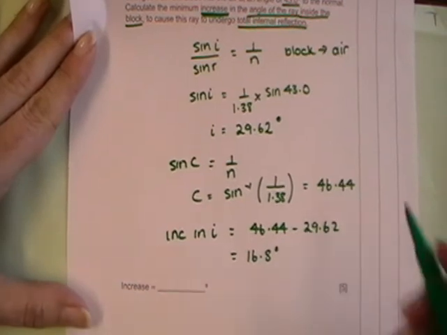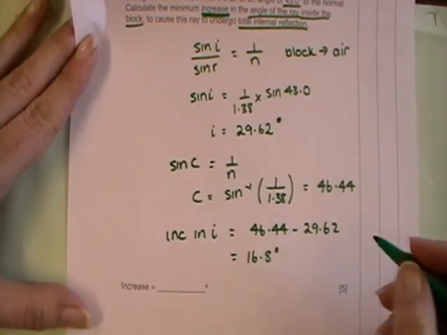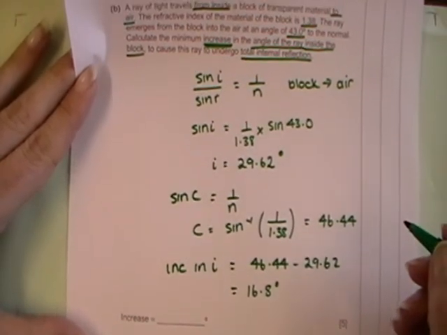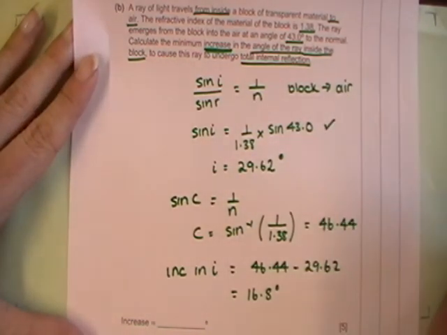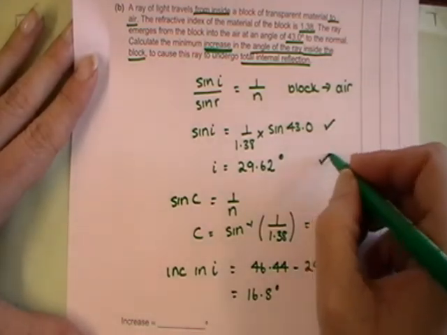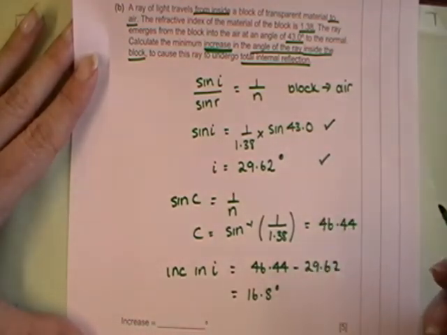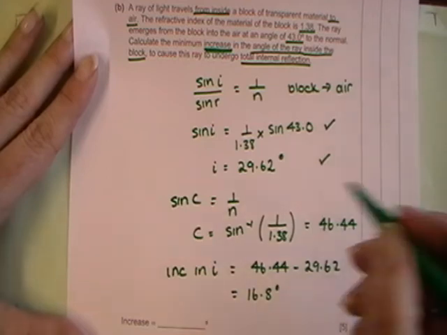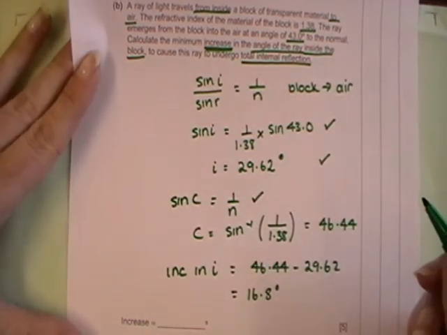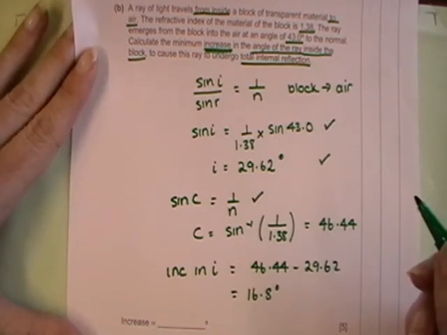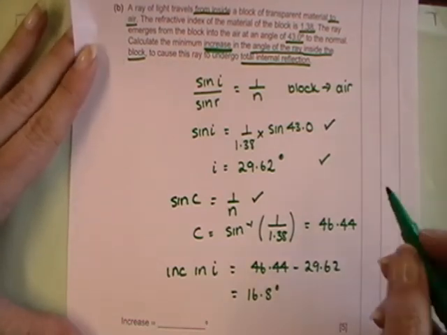Now, in that question there are 5 marks. The first mark was for substituting in correctly into the refractive index formula. Second mark was for calculating the original angle of incidence. The third mark was for writing down or substituting into the critical angle formula.